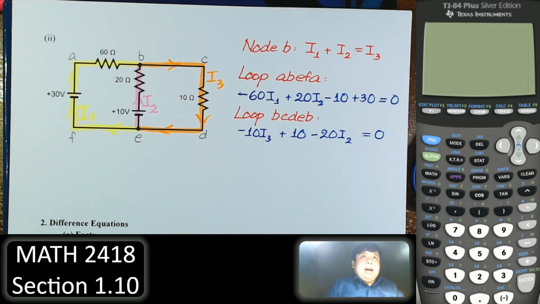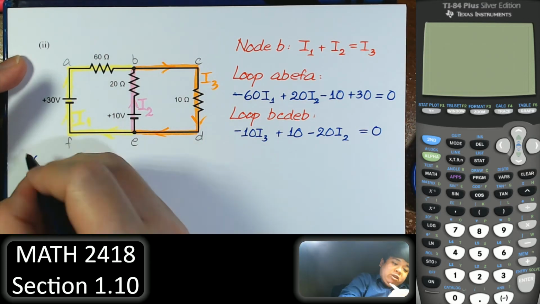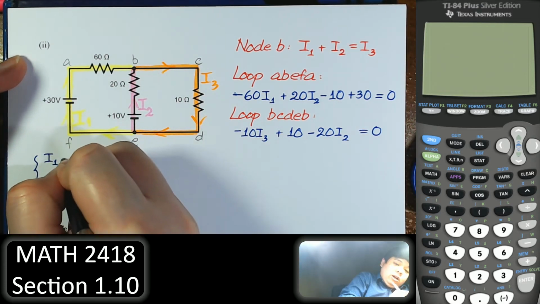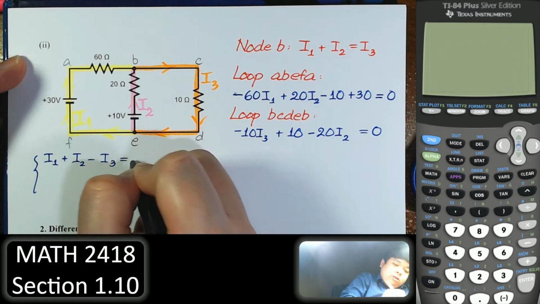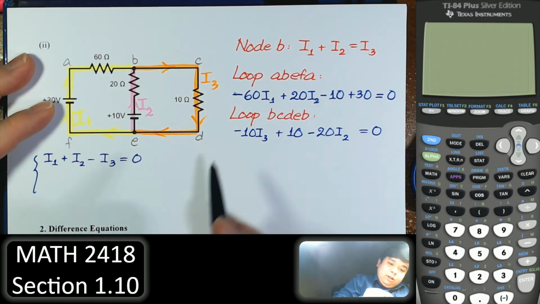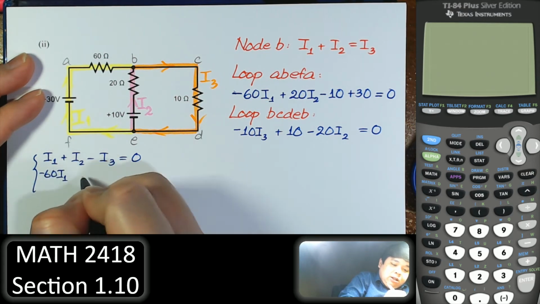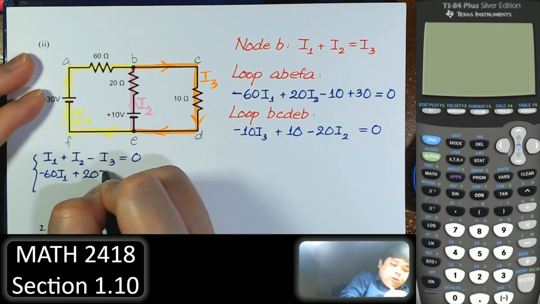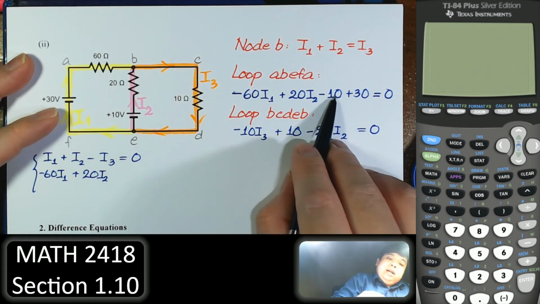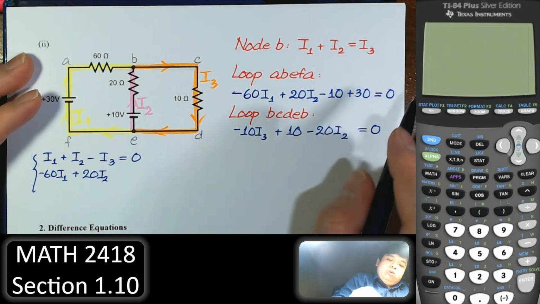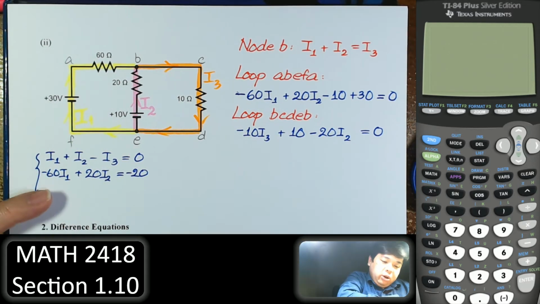Right. Now we write the three equations as a system of equations. Move everything on one side. I1 plus I2 minus I3 equal to 0. Minus 60 I1 plus 20 I2. That 20 move to the other side, negative 20.